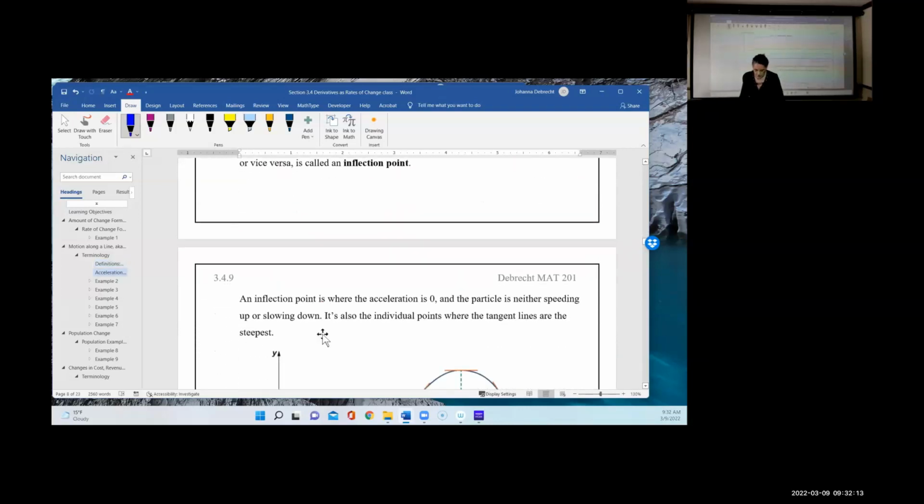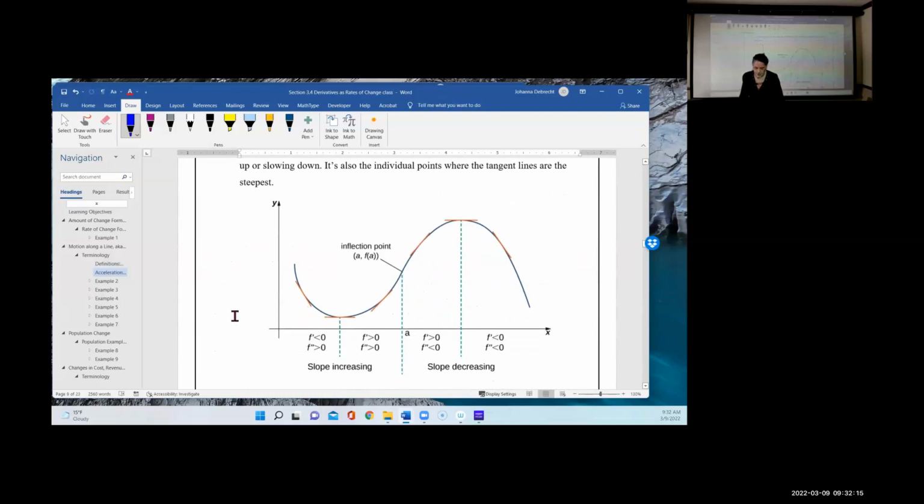All right, we're going to get to inflection points. The last graph did not have an inflection point, but this graph does. You can see here that it is concave up on the left side. So this part right here is concave up. And this part over here is concave down. It's usually pretty obvious when they're one way or the other.